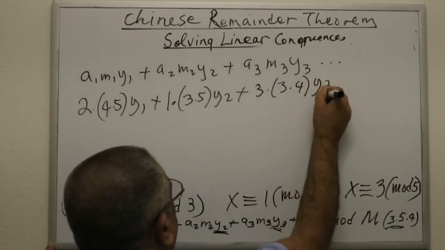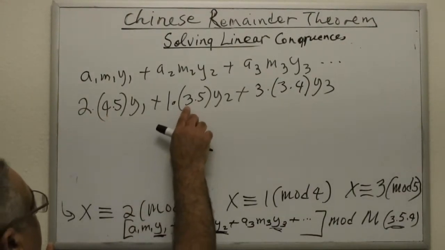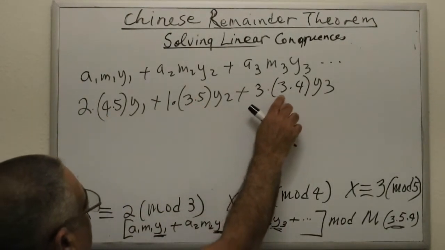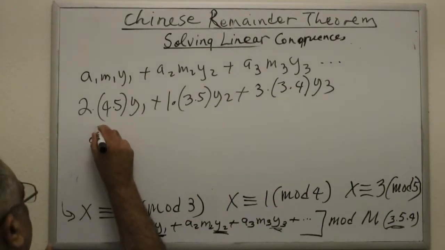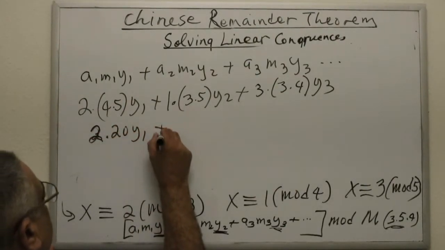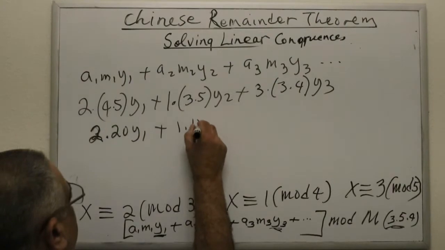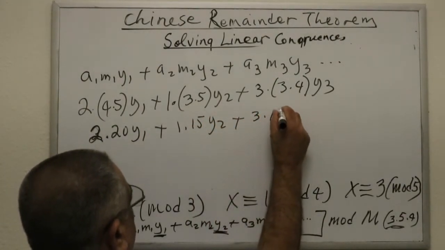And this is Y3. So you see, I use 4, 5, leave out the 3; 3, 5, leave out the 4; 3, 4, leave out the 5. So if I solve this one out, this is going to be 20 Y1 plus 15 Y2 plus 12 Y3.